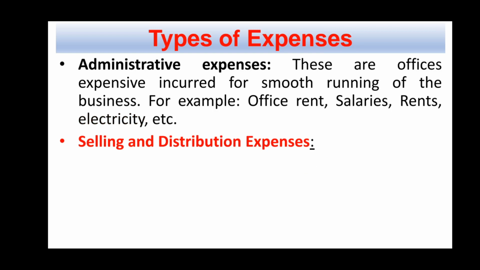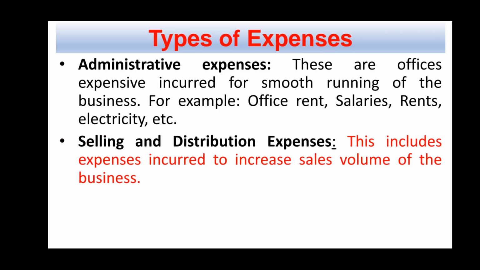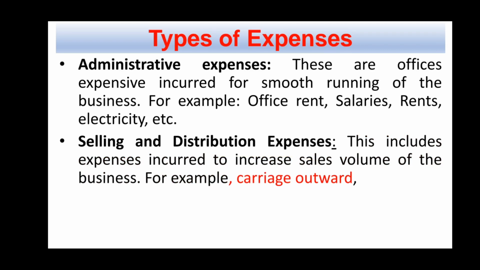All these things are called administrative expenses. But if we are talking about selling and distribution expenses, we are talking about all those expenses that increase volume of sales. That is, when we make those expenses just to increase sales, and we know when sales increase, that means the economic benefit, that is the profit margin, will also increase. For example, carriage outward.